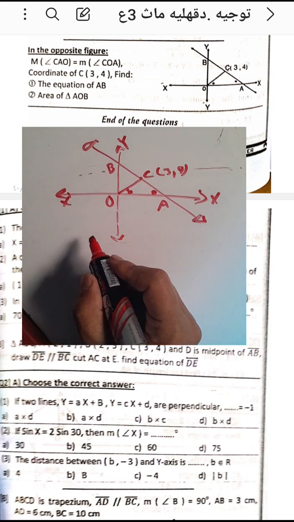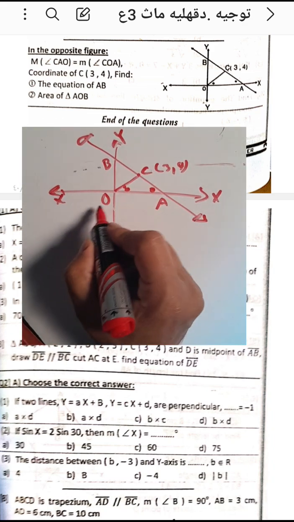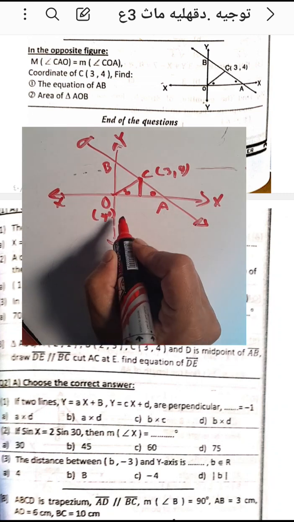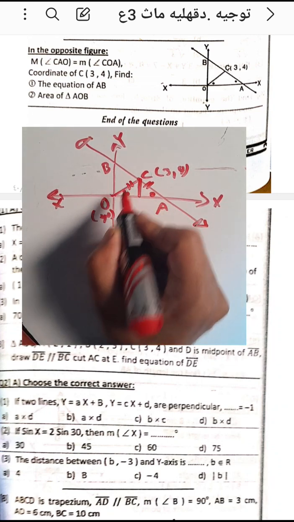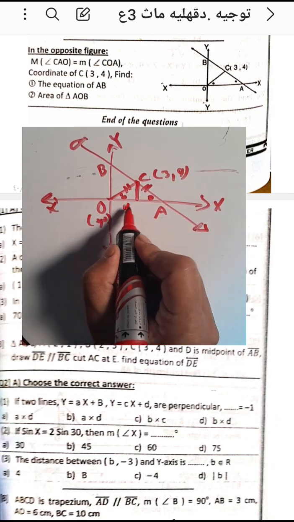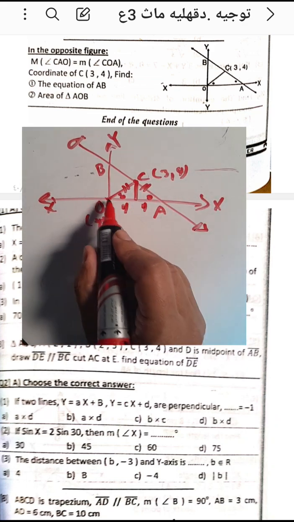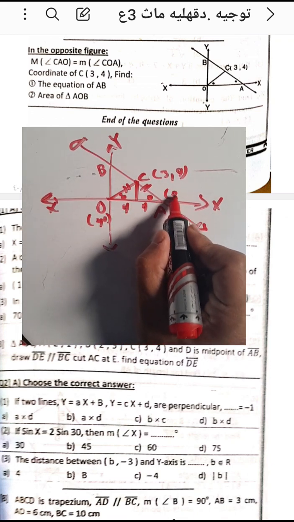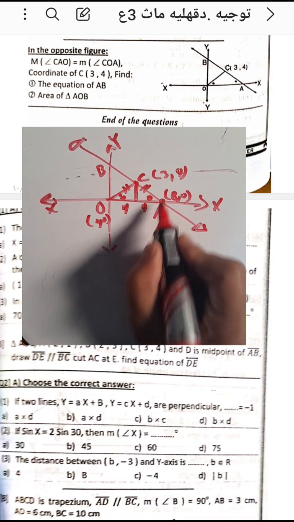We can draw here 0 and 0, this order, and we can draw this triangle here because we have an isosceles triangle. 3 and 4, it means move 4 and up 3, so this side will be 4. Then the order of A here will be 4 plus 4, it will be 8. 8 and 0 is the order of A. Okay, understood?